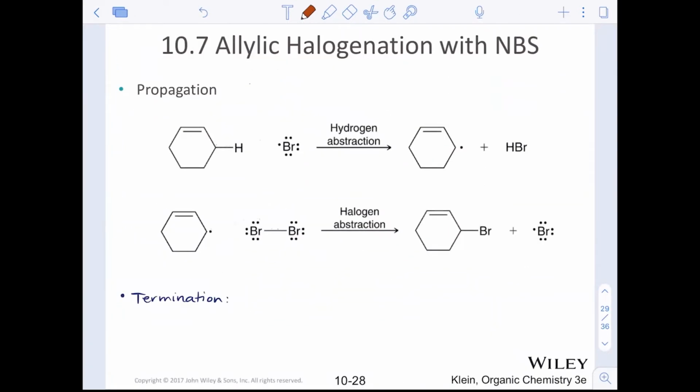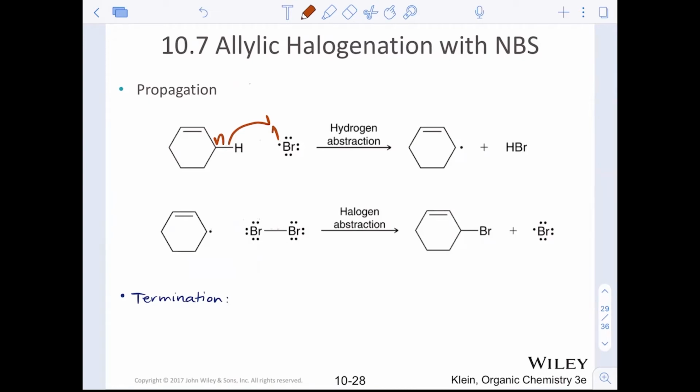Now for our hydrogen abstraction and halogen abstraction in this reaction, we will see two propagation steps. The first one is the bromine radical coming to make a new bond with the hydrogen. Hydrogen abstraction, we're pulling off the hydrogen. The other electron in that bond will go to become a radical on the carbon. Now this is very similar to what we saw previously with our halogenation reaction.